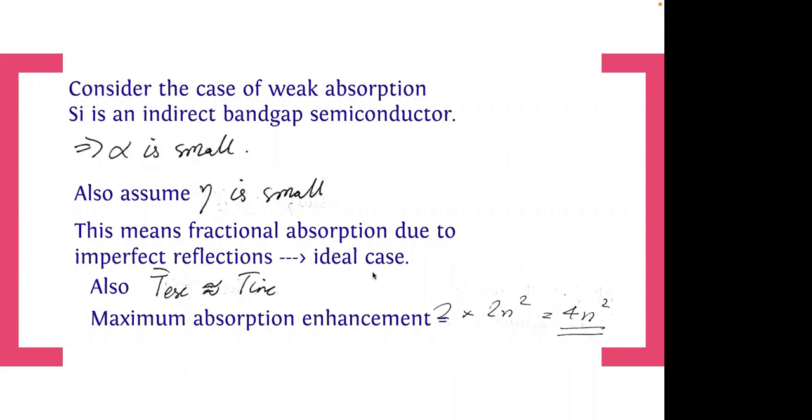What that means for this analysis is that alpha is small. We can also assume eta is small, which is the absorption loss at the interface. This is the ideal case, and the other things are the same as I said.